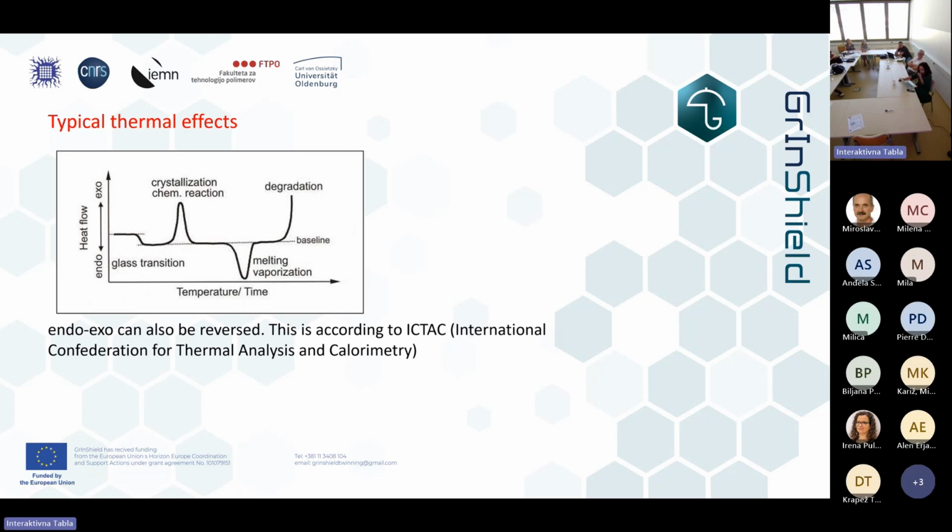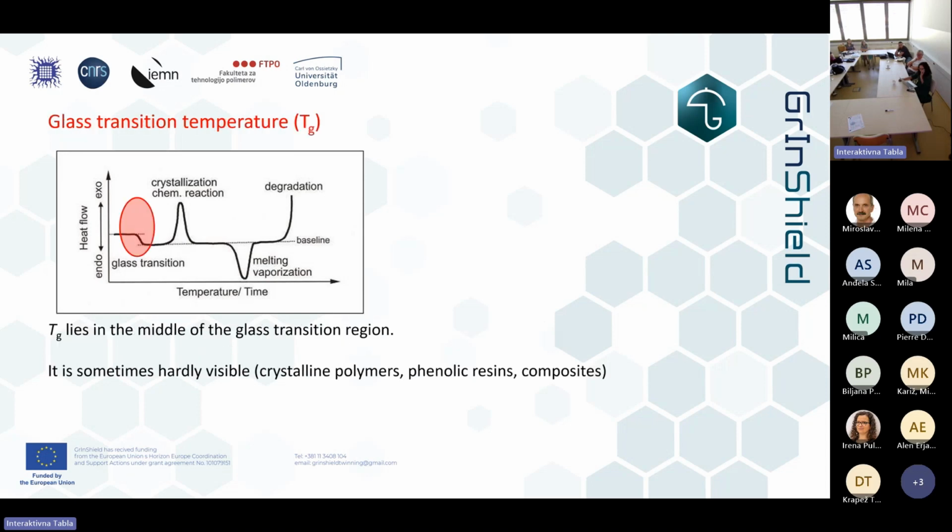These pictures can also look in reverse: glass transition goes up, cold crystallization down. This type of showing is according to ICTAC recommendations, but some use it, some use reverse, so it depends on the system.